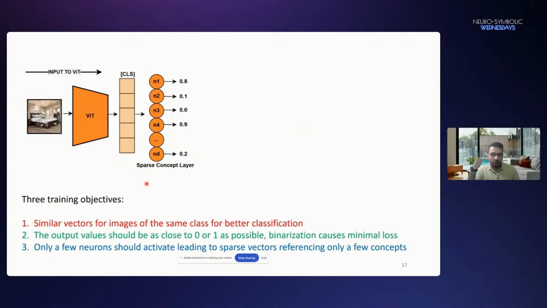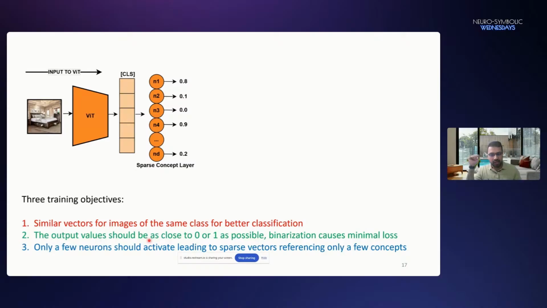We have three objectives that need to be met in order for this to work. One is that there should be similar vectors for similar images that are an output of this sparse concept layer, which means if I have bedroom images, then the sparse concept layer should output similar-ish vectors for all the bedroom images, such that it's easy to segregate them in some high dimensional space, right?